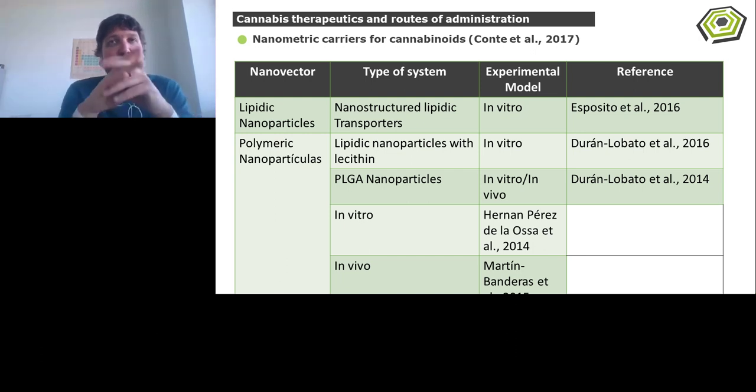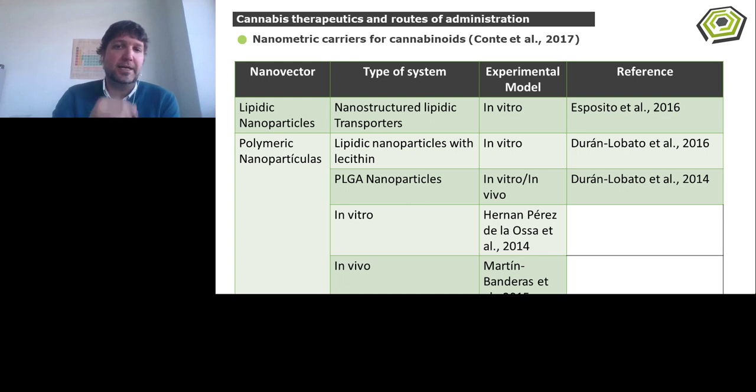So the message I'm trying to send is that this is technically feasible. We have done it for other things that do not dissolve in water that are not cannabinoids. So cannabinoids are challenging, but we could find a solution for this. But definitely there's a level of technological refinement that is required to do so.